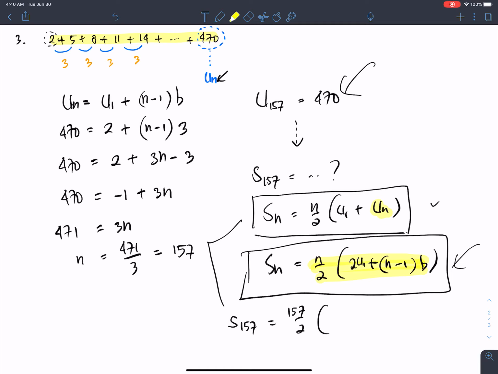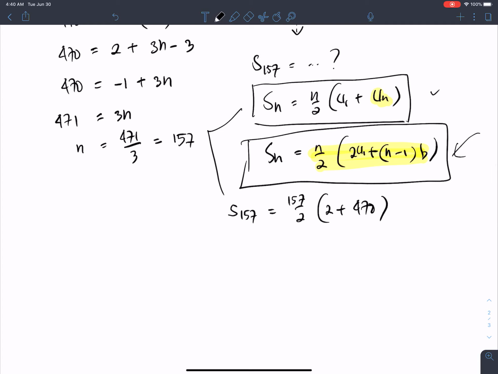Okay, so the u1 is 2 plus the un, 470. So S157 will be 157 over 2 times this one, which will be 472. So if I calculate this, hold on.